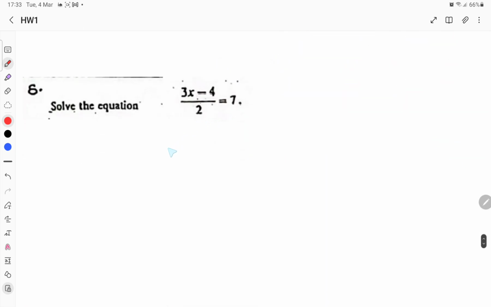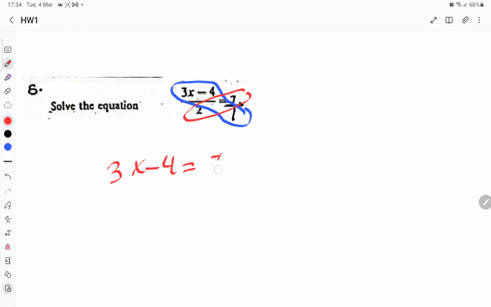Solve the equation 3x minus 4 over 2 equals 7. Imagine that you have 7 over 1 and you can just do it with cross multiplication. 1 times 3x minus 4 is equal to 7 times 2.